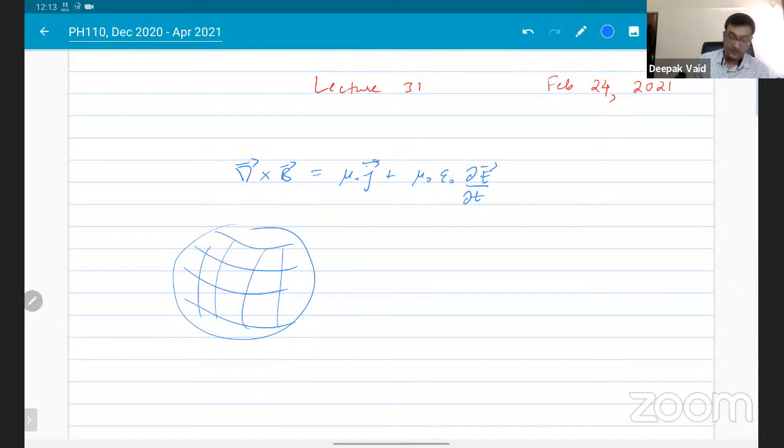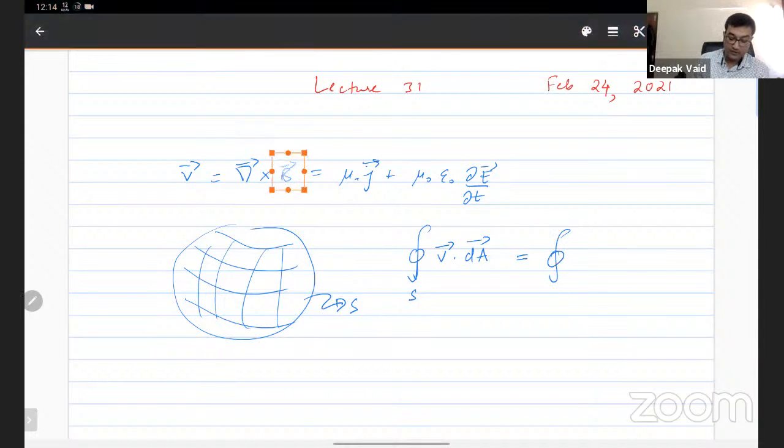I take some closed surface, which is a sphere, let's say, and I call this a vector field V. I calculate the flux of this vector field through the surface. According to Stokes' theorem, this flux can be written as a line integral of this quantity.